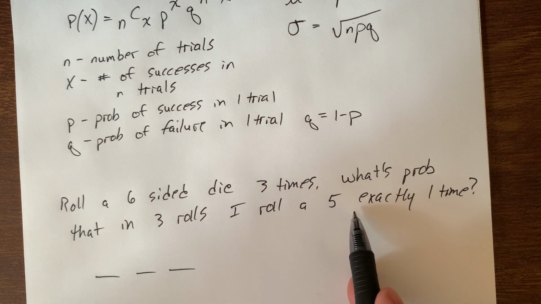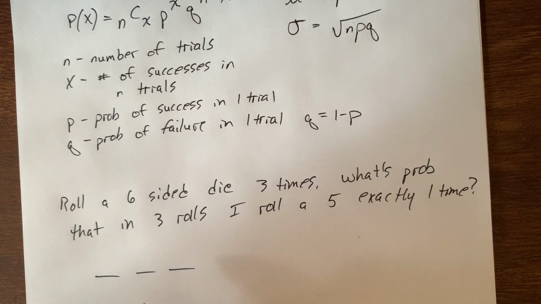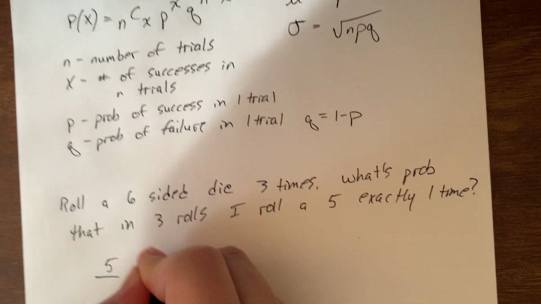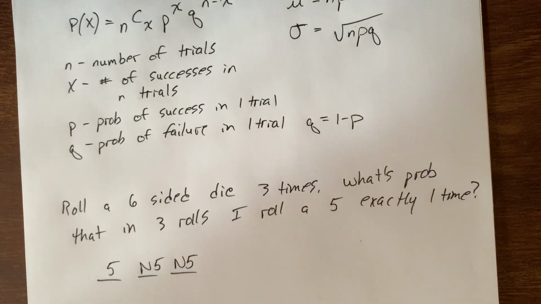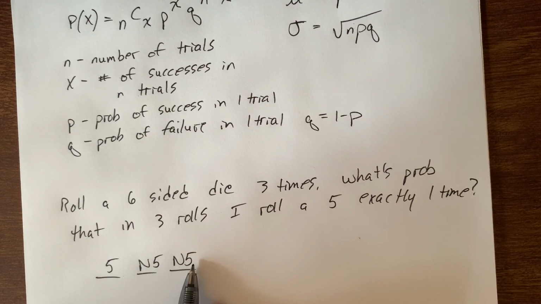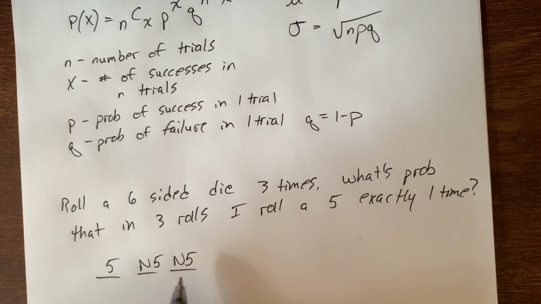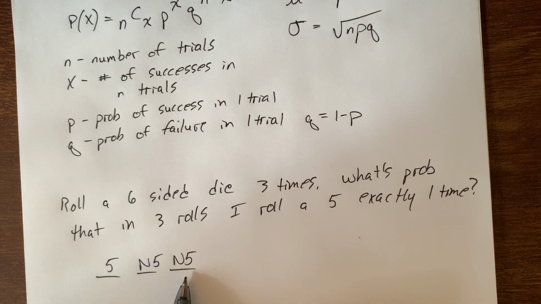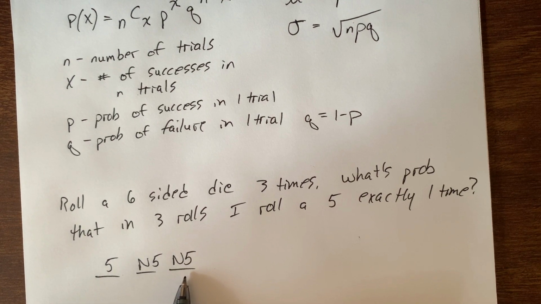So if I roll the die 3 times, I get one 5, and the other 2 times I do not get a 5. And that's where this complication starts, because maybe I roll the 5 first, and then the next 2 rolls, I get something else. And I don't even care what it is. I roll the 6, I roll the 1, I roll the 2, I roll the 4. It's just that I'm not getting a 5. That gives me one possibility that satisfies what I'm looking for.